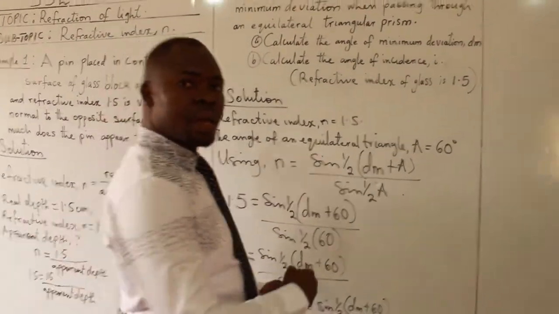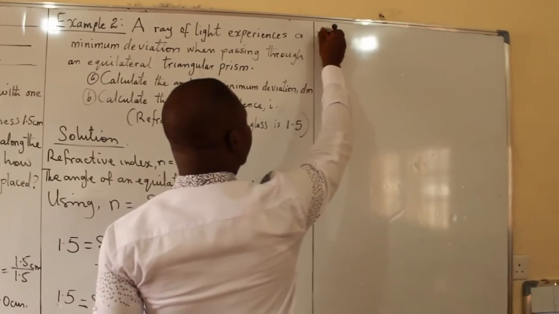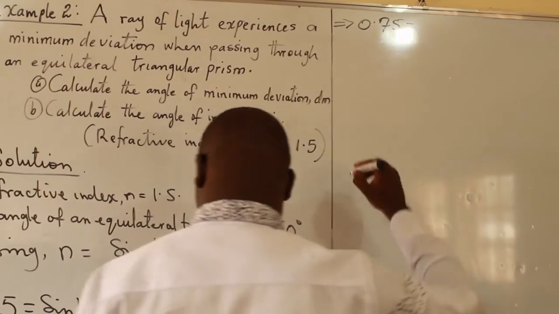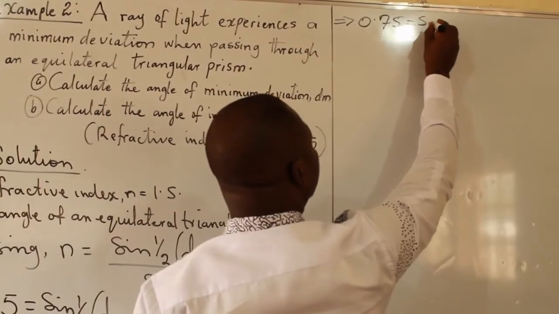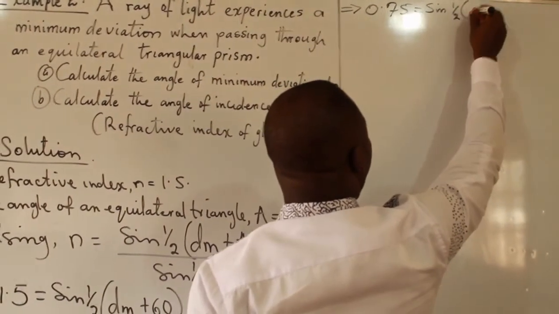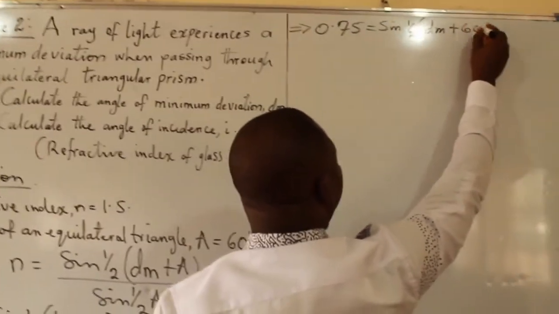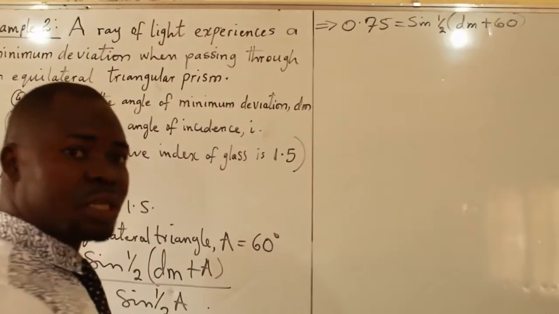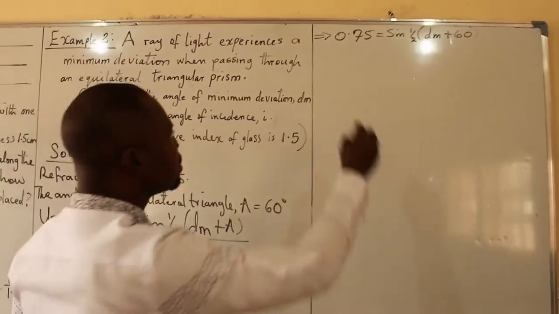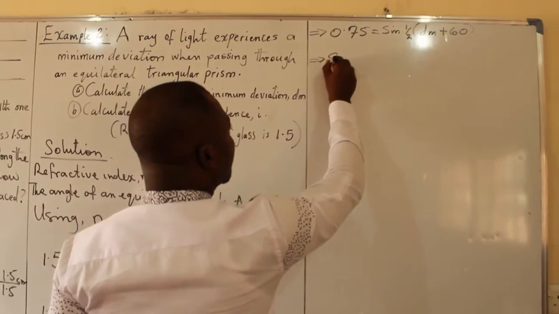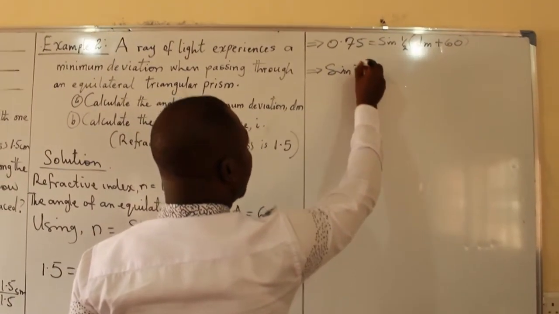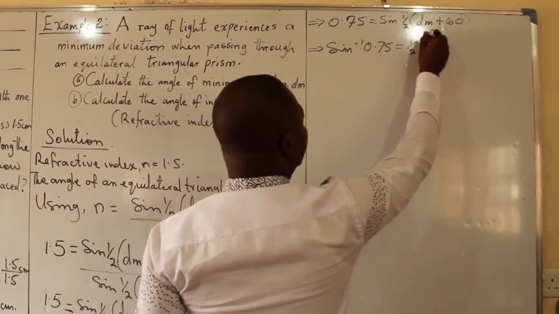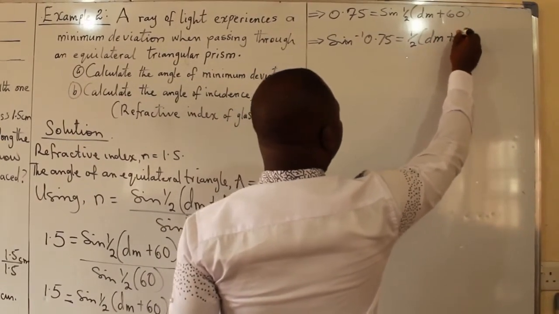If you continue from here, we have 0.75 equals sine 1/2 bracket minimum deviation plus 60. So you can bring sine to the other side. The inverse of sine will be arc sine: arc sine 0.75 equals 1/2 bracket minimum deviation plus 60.